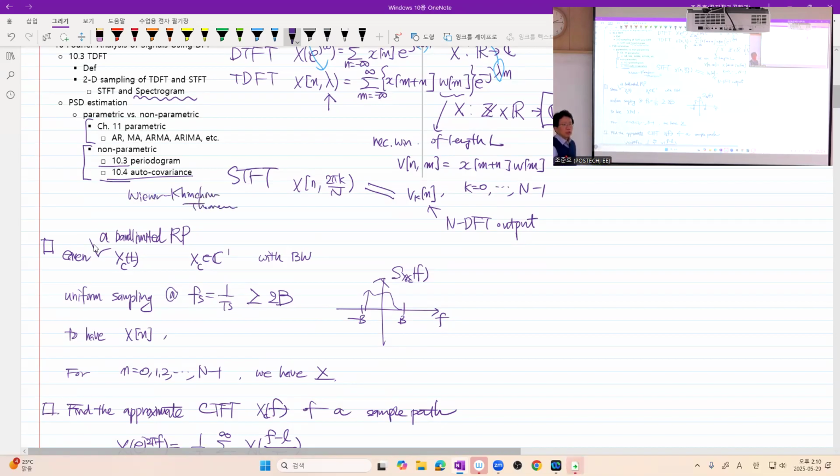So according to the Wiener-Khinchin theorem, instead of directly computing the power spectral density, what you need to do is first estimate the autocorrelation function of a random process and then perform Fourier transform.